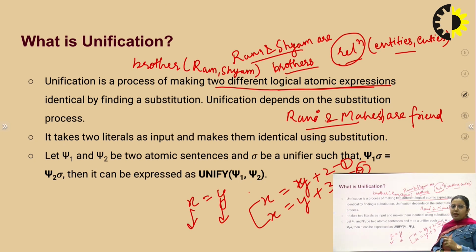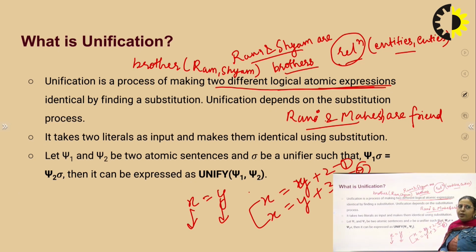I am using the word atomic here because there is no use of any connectors, like conjunction, disjunction, negation, implication. If there is no use of those connectors, then those sentences are known as atomic expressions. Atomic means there is no connector joining two sentences; these two sentences are individual.